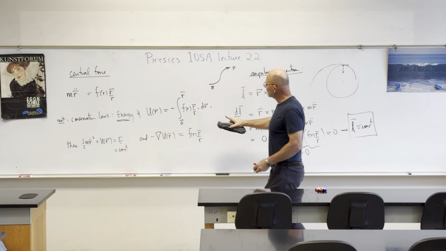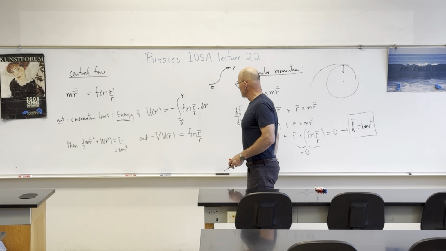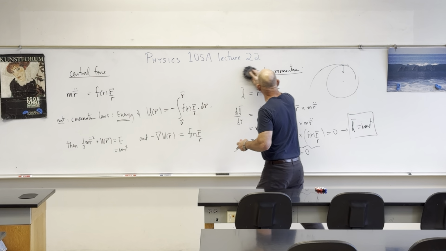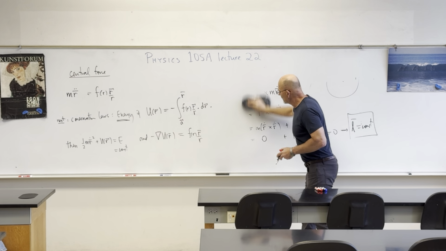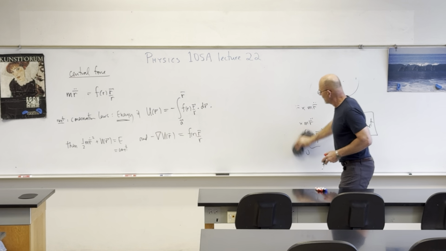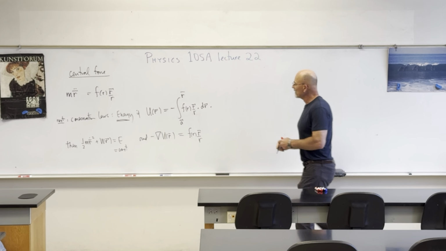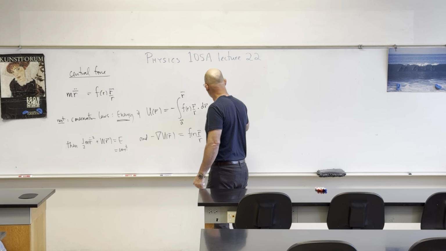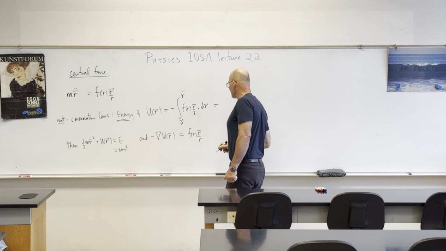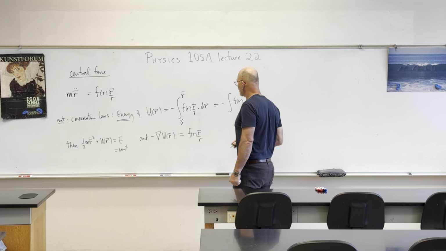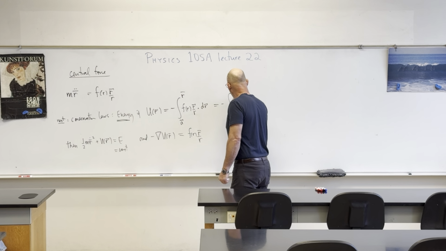This one we're going to return to right now. We have these two conservation laws. So for the central force here, we can actually extend this, because this turns into f of r dr. I'm just going to write a to r.